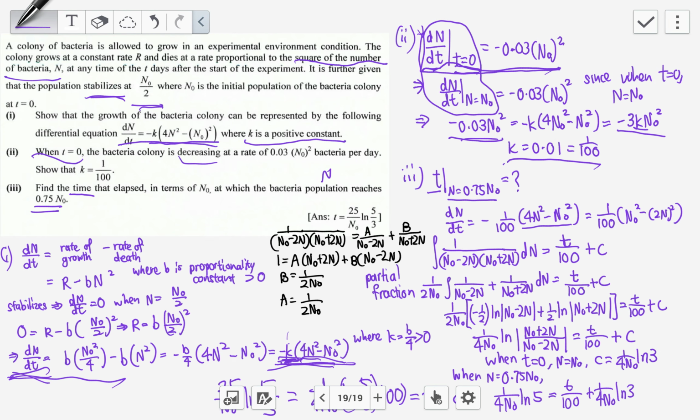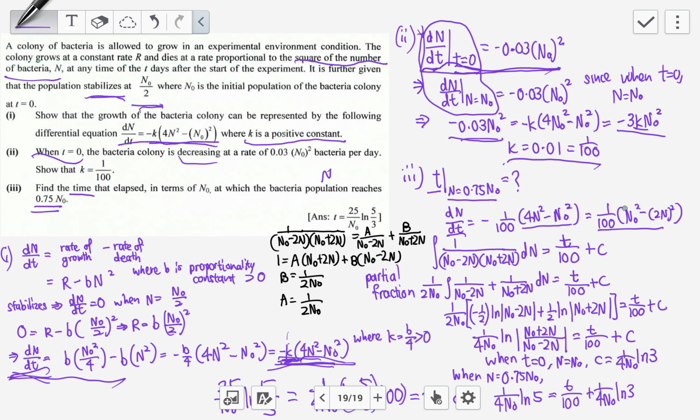So how do I integrate this equation here? I just keep 1 over 100 on the right hand side, and bring this N0 squared minus 2N squared over.